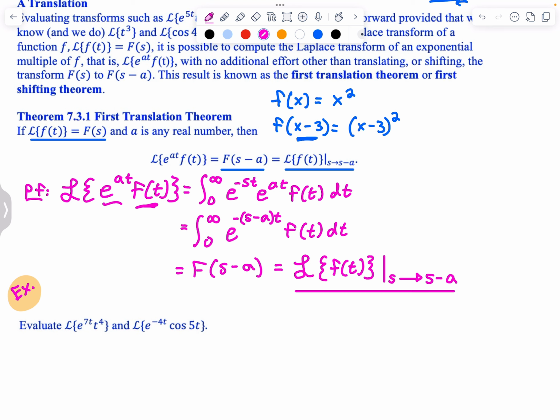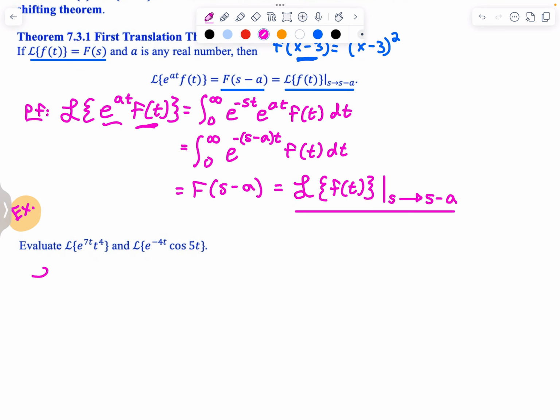But that's the notation for that. So let's try an example here. The Laplace of e to the 7t, t to the fourth. I'm not going to run it through all this stuff up here. We're just going to try the theorem. The theorem says you just do the Laplace of the function, which was just t to the fourth, and then once we have our answer, make sure we take our s's and change them to s minus 7. a in this case was 7.